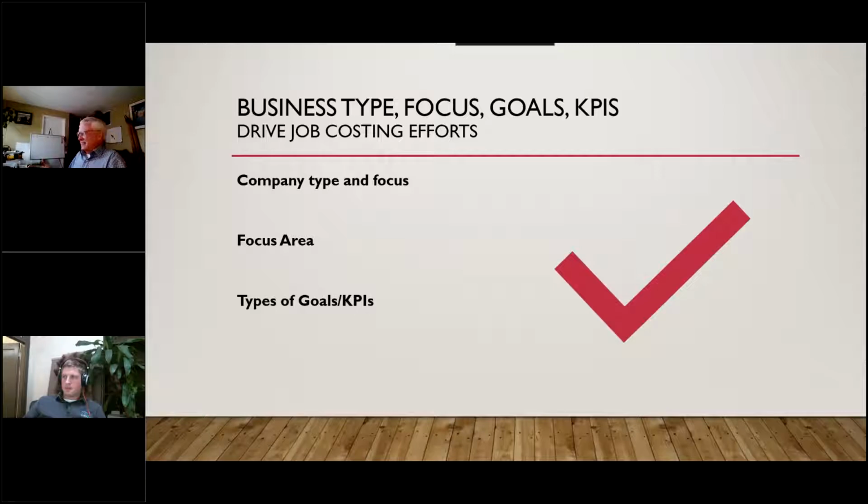To simplify this question, you really have to understand and nail down your company focus areas, your goals, your KPIs. KPIs, by the way, are key performance indicators. Those are the metrics by which you're measuring the success of your company. And it can't just be revenue and profit, although those are two big ones. It's got to be more in depth than that. And how much time do you want to spend doing job costing?